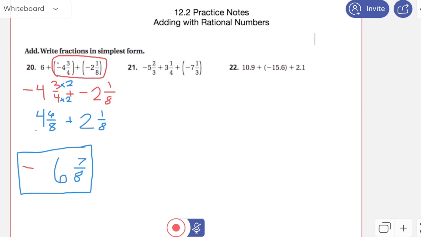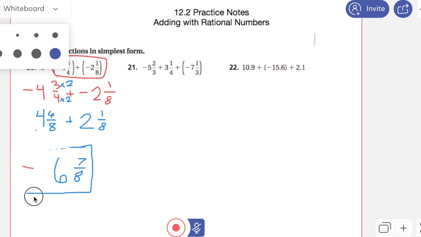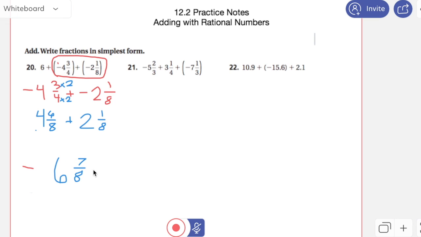I'm just wanting to erase this box I just put around it. You can technically either say a negative 6 7/8 plus 6, or it's the same thing as just saying 6 minus 6 7/8.